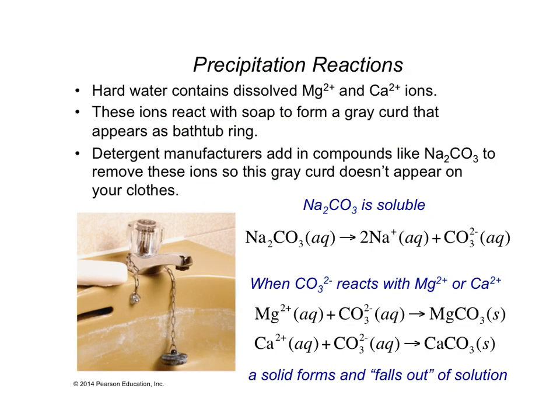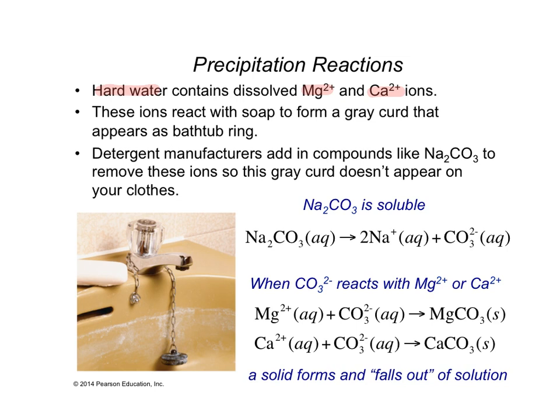Okay, so we're going to start by talking about precipitation reactions, and I like to utilize a nice little real-life example to illustrate what a precipitation reaction is. With respect to your sink, hopefully you know what hard water is. Hard water is water that contains a lot of dissolved magnesium as well as calcium cations.